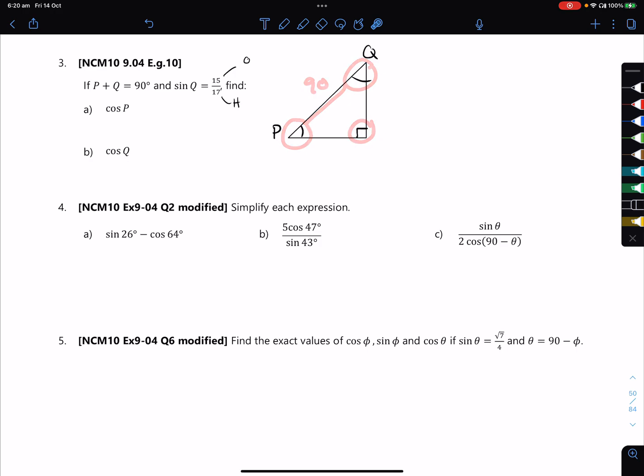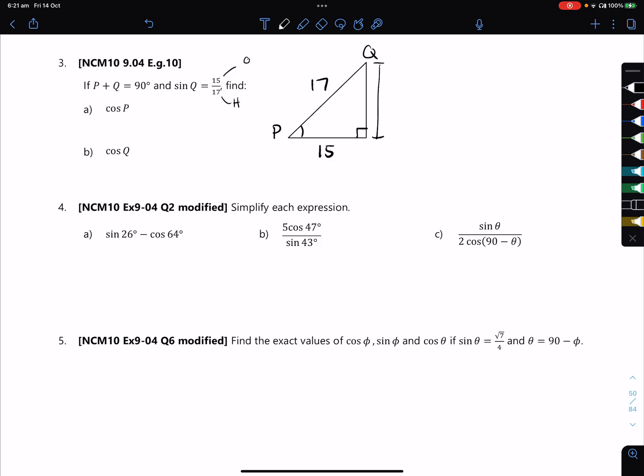That makes sense. So now we have to apply, where are these sides going to be on that triangle? Sine Q is opposite over hypotenuse. So opposite Q is 15. So that's 15 there. Whereas the hypotenuse, according to this, is PQ, and that's 17, which basically allows us to find this remaining side just by using Pythagoras' theorem.